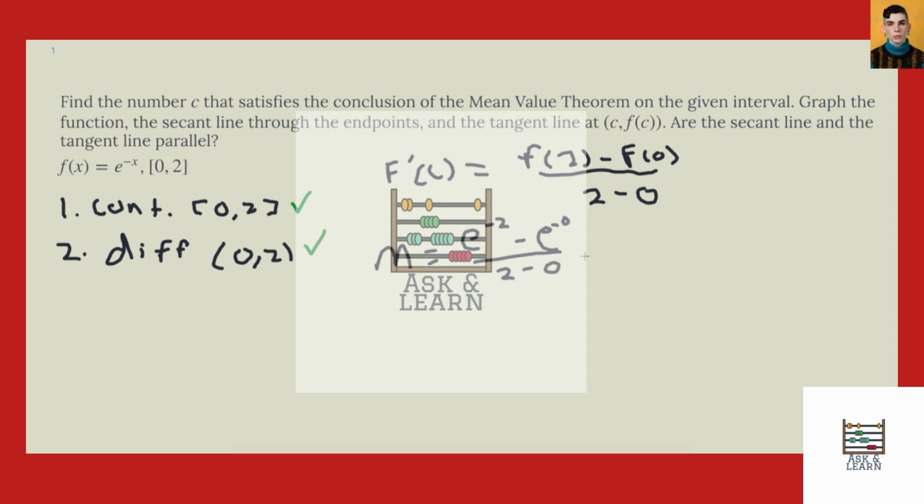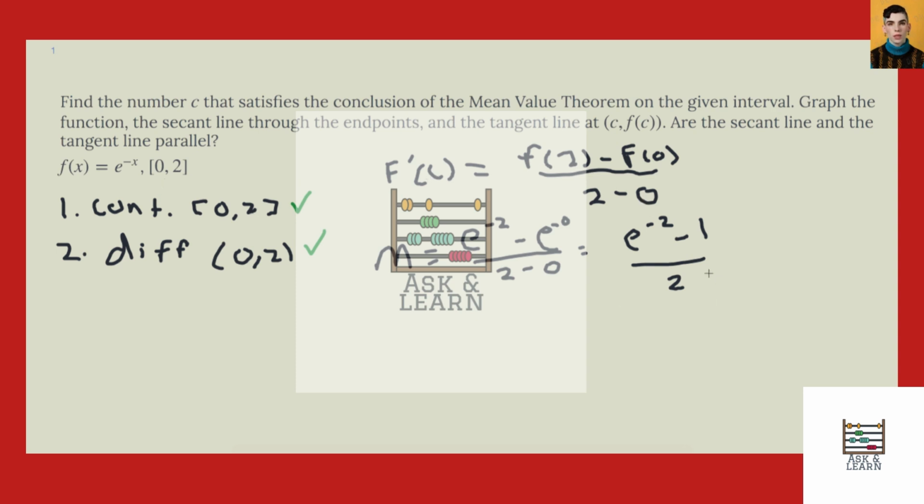Now e to the negative 0 is just e to the power of 0, and any number raised to the power of 0 is 1, so this simplifies down to e to the minus 2, minus 1, over 2. So this right here is the average slope from 0 to 2.